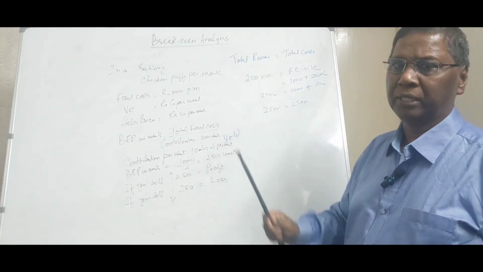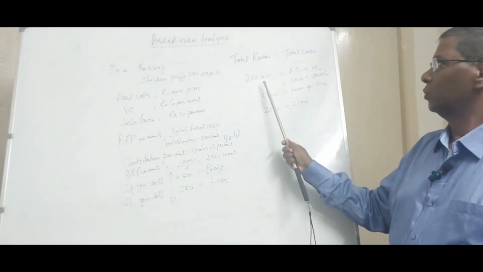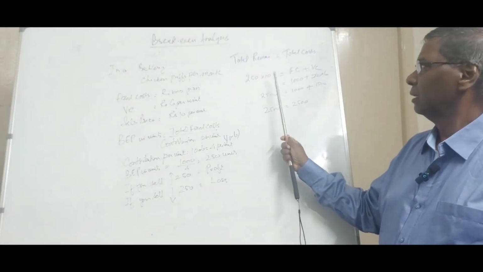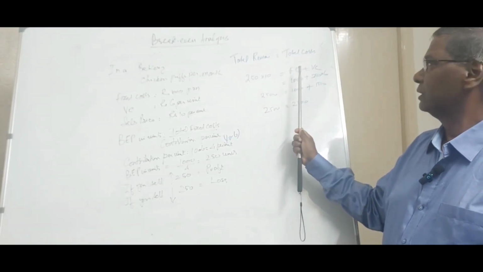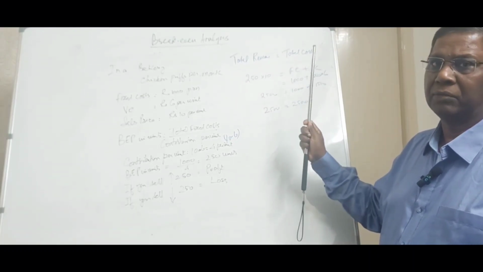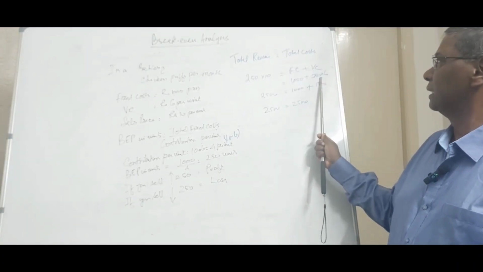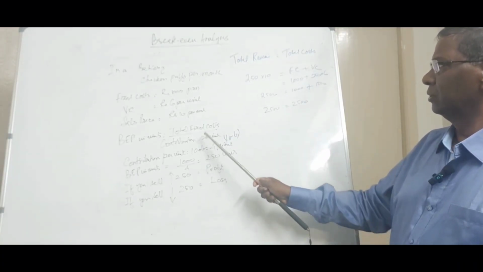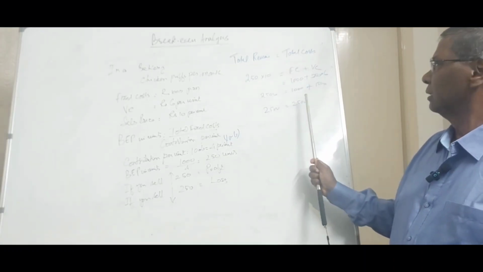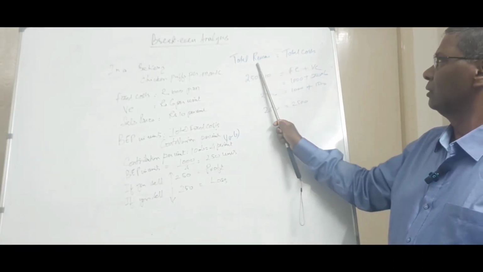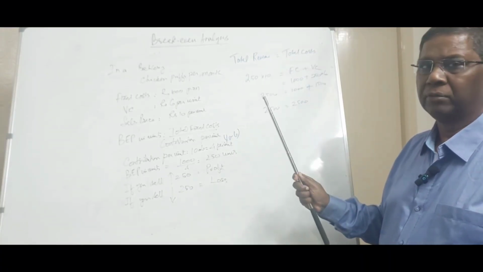Total revenue is 250 units into 10 sales price. Then total cost consists of two things: fixed cost and variable cost. Fixed cost is 1000. Variable cost is 250 into 6, which is 1500. So 2500 and 2500. Total revenue is equal to total cost. This is the break-even point.